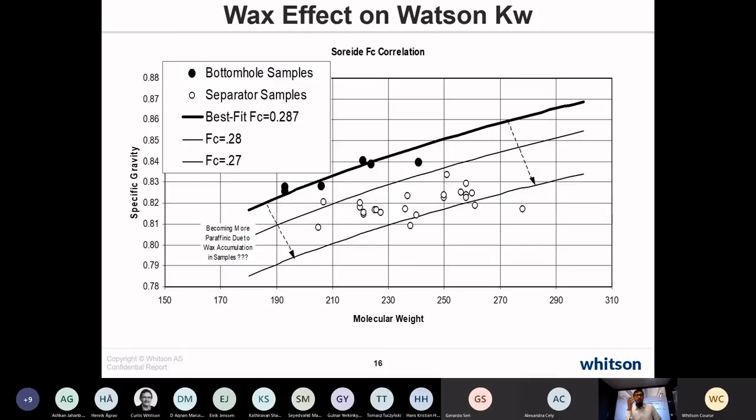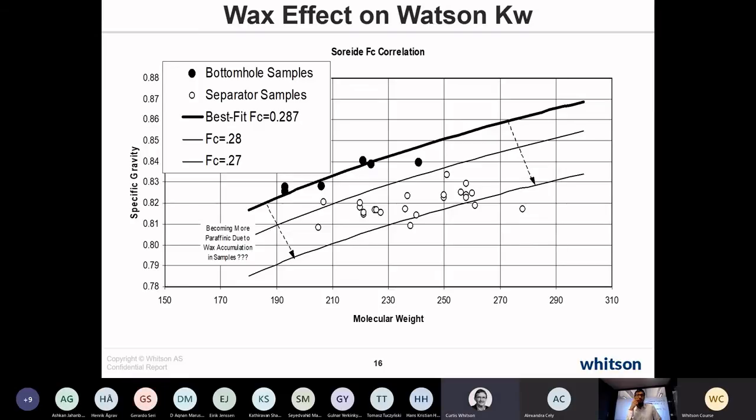And that temperature is usually lower than the wax appearance temperature. So if you know that you have wax issues, even though you have collected separator samples at temperatures higher than the wax appearance temperature, you should communicate to the lab the expected wax appearance temperature, and when they do the flash, the flash temperature has to be higher than the wax appearance temperature, so that you don't get any wax in the flashed oil. And the density measurement should then not be affected by the wax.